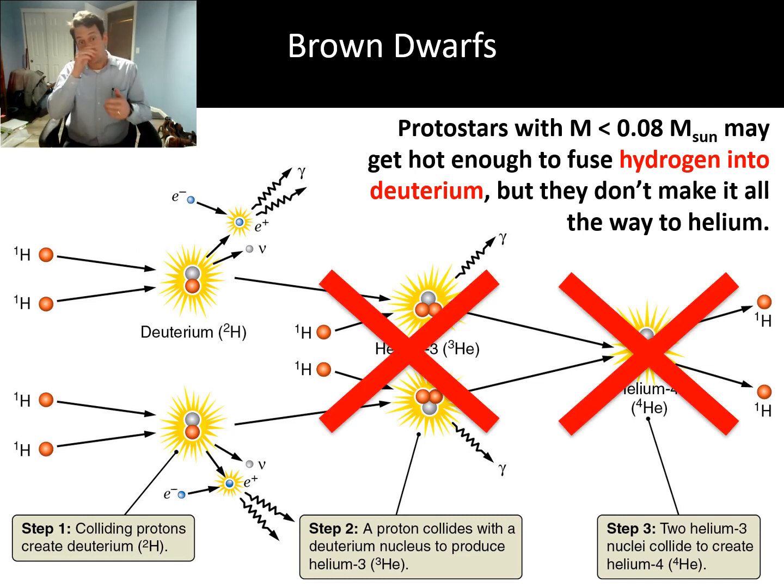And so you get a little bit of energy release in the formation of the deuterium, and a little more in the annihilation of the positrons with electrons, but you don't have enough thermal energy to form the helium-3 or the helium-4.